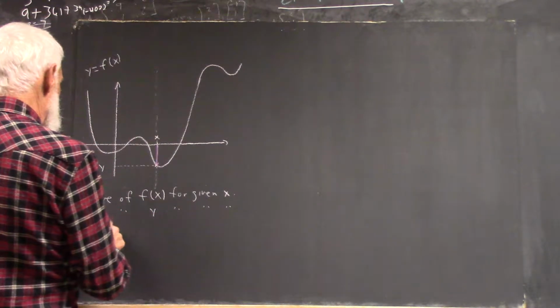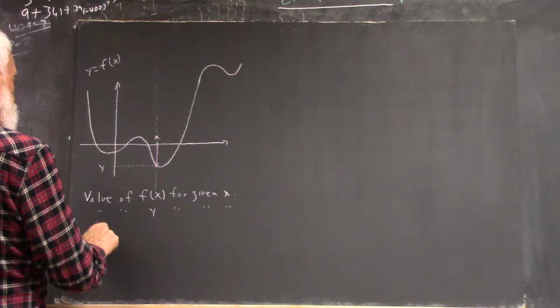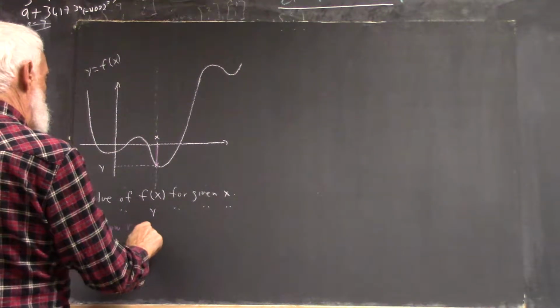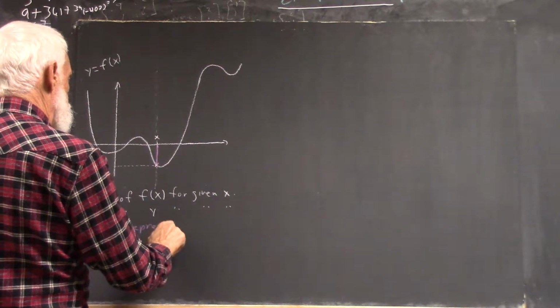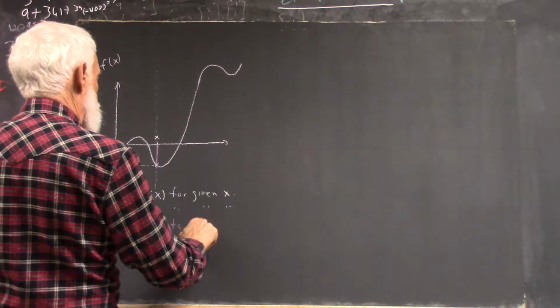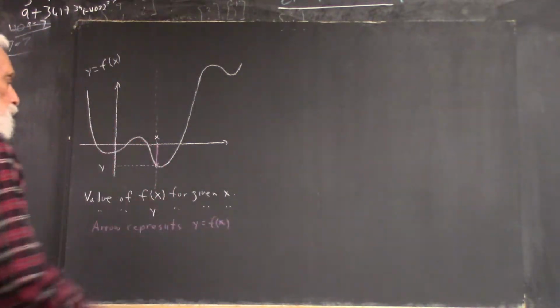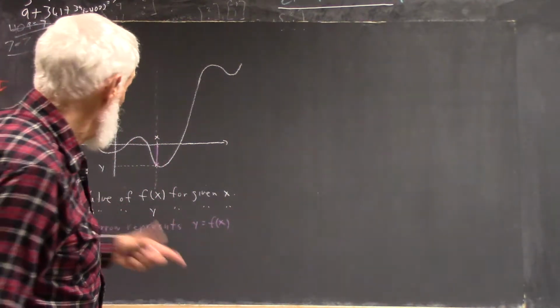Okay, so the arrow represents y, and y equals f of x, so the arrow also represents f of x.